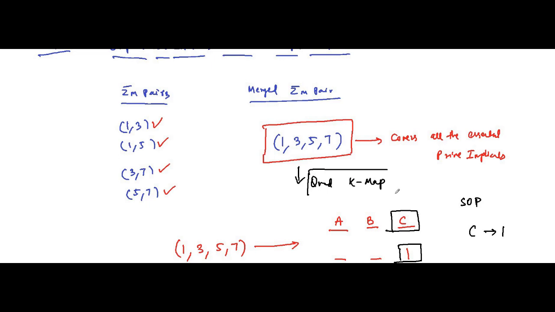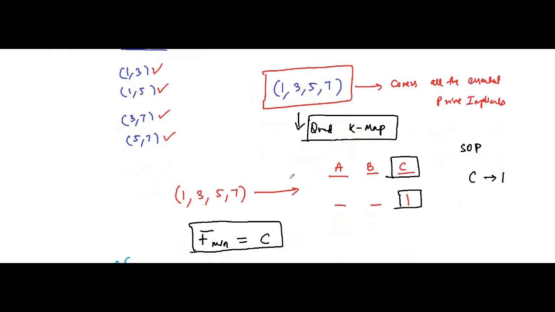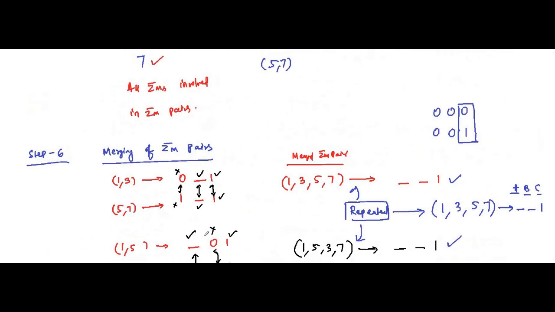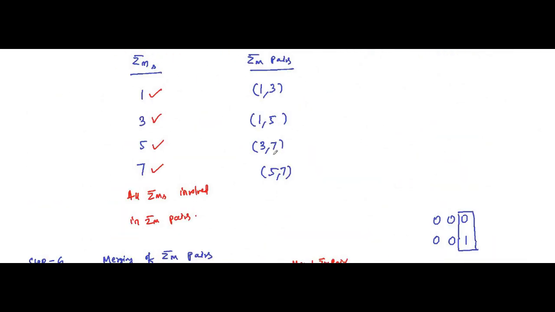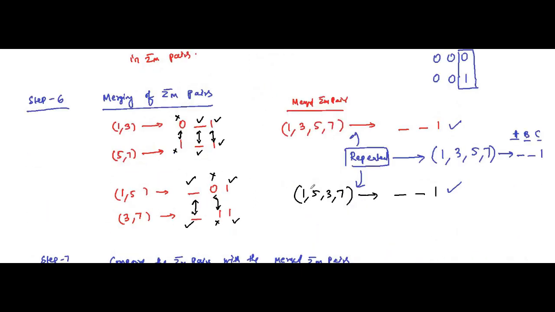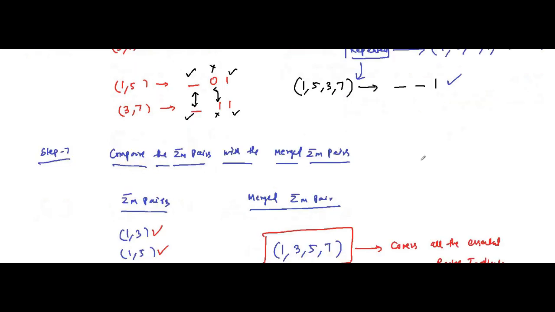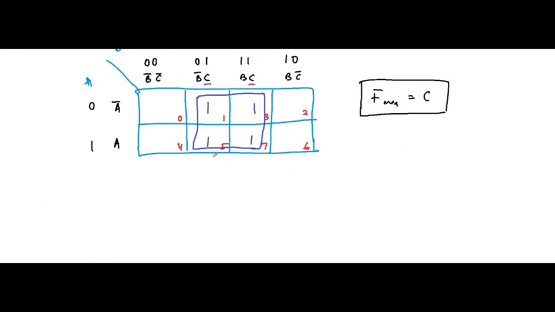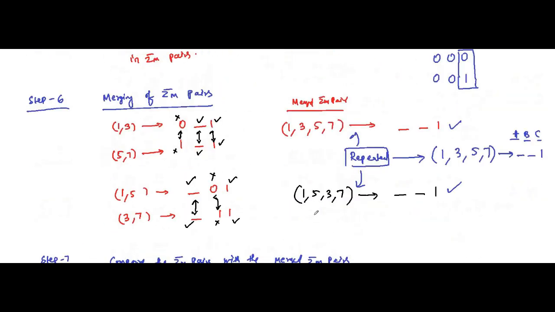So like we form pairs, quads, octets in K-maps, in the same way we first form minterm pairs, then the merged minterm pairs is the formation of quads, and then from that quad we got the final result. So essentially both the K-map and the Quine-McCluskey method are the same, but here it includes a different process of achieving the same result. Destination is the same, but the path which we have taken is different. Okay, so the same result.